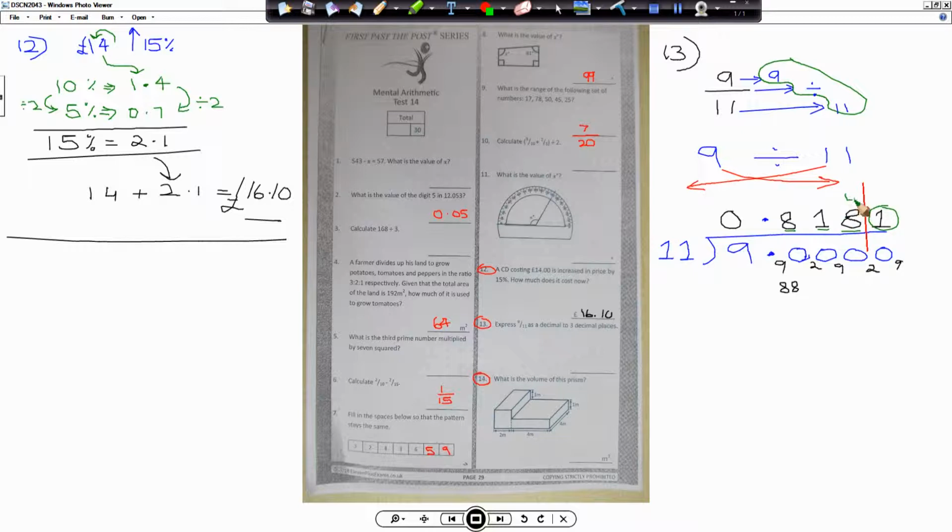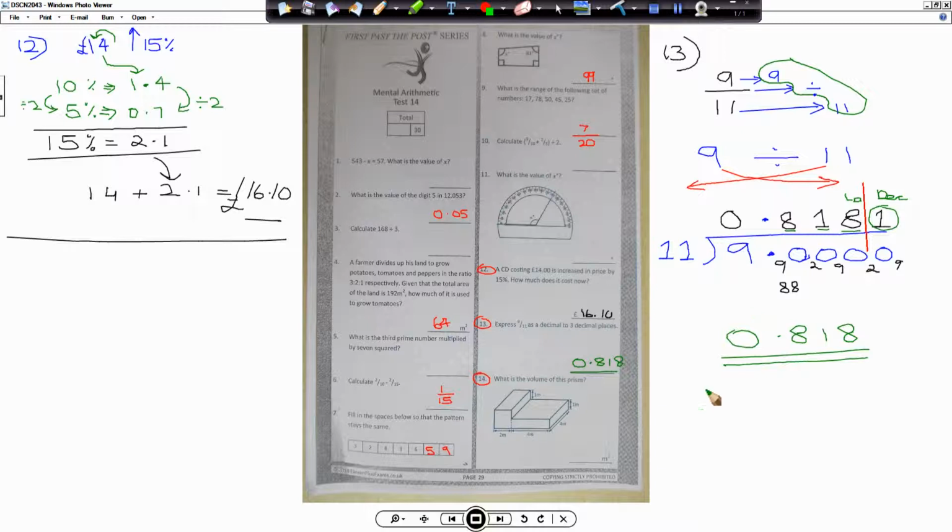Because the decider is not 5 or more, so what do we do? Leave it alone. So the final answer, stopping at 3 decimal places, is 0.818. That is the final answer, and that goes here. 0.818, and that's done. So question number 13.